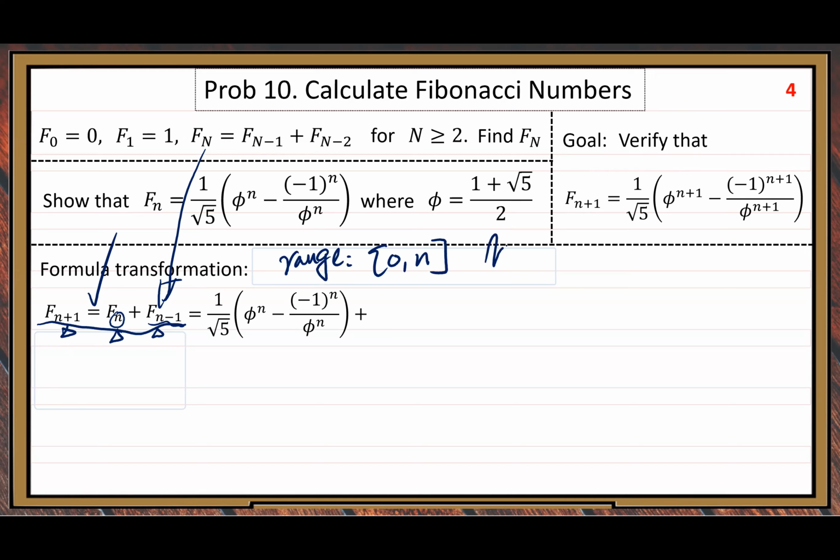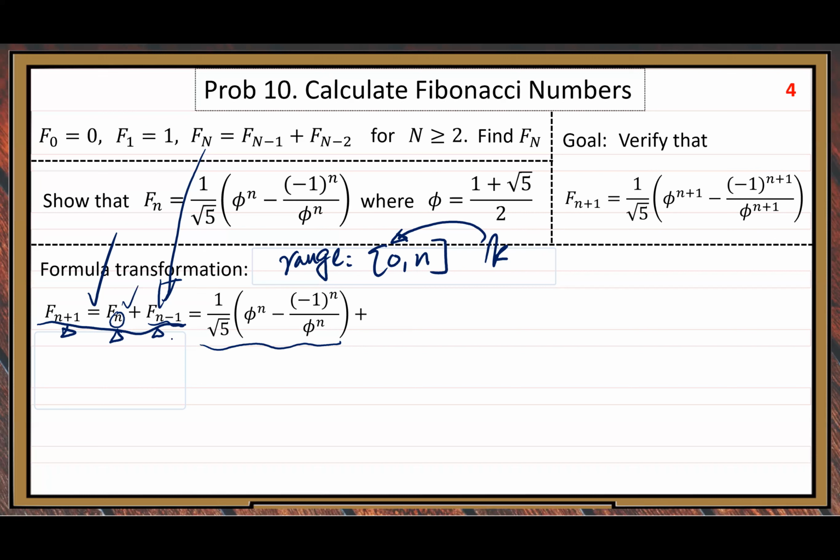If subscript k falls into this range, then we can apply our induction assumption, right? Now the subscript k, the first time it's n, so it falls into the range, and it's legal to apply our induction assumption.